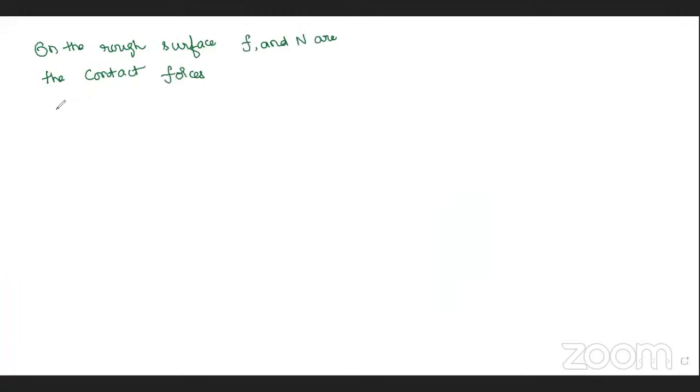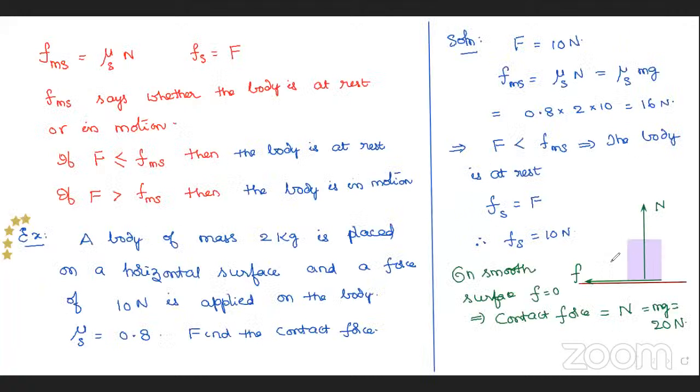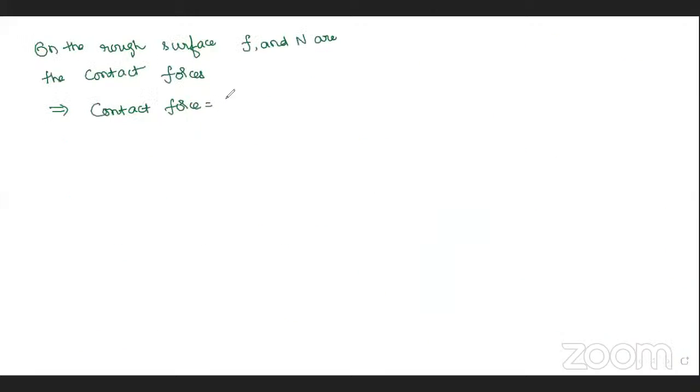Two forces are there, so I have to find the total contact force, the resultant of them. I should not add them directly, because force is a vector. Vectorial sum I have to take. Since they are perpendicular to each other, shall I use the Pythagoras principle? Yes. So root of N square plus F square.